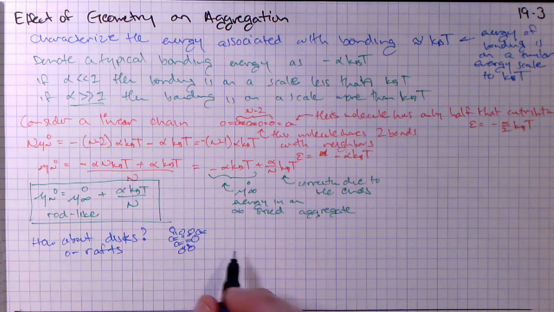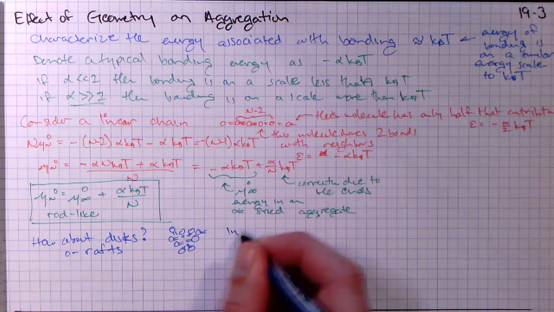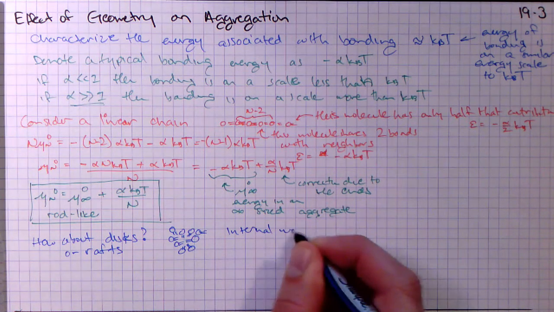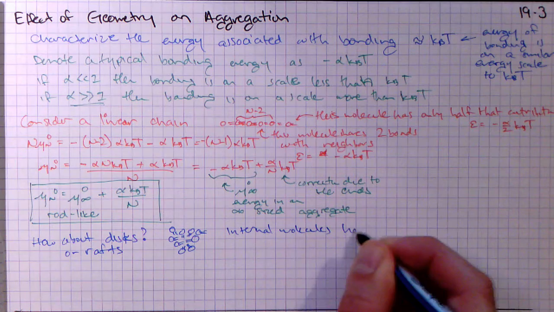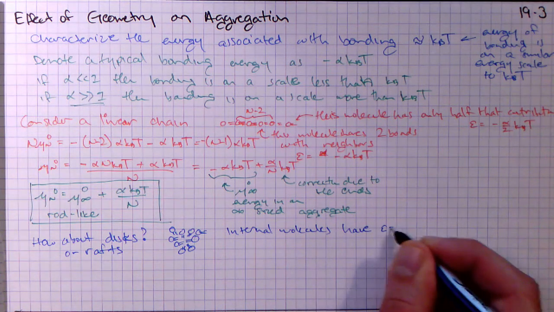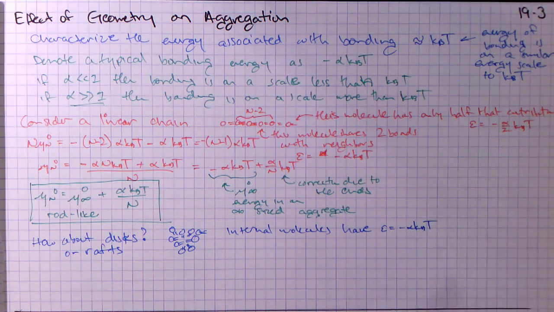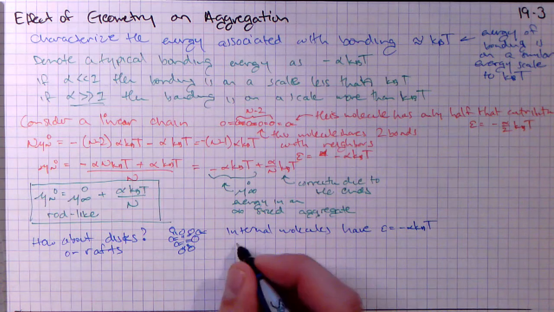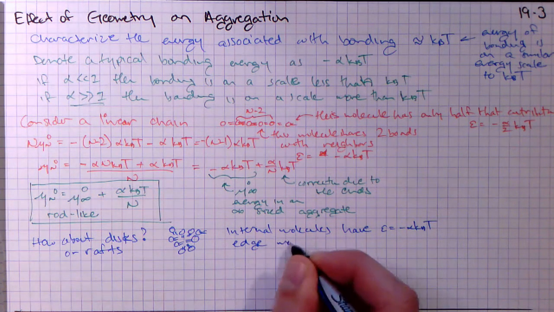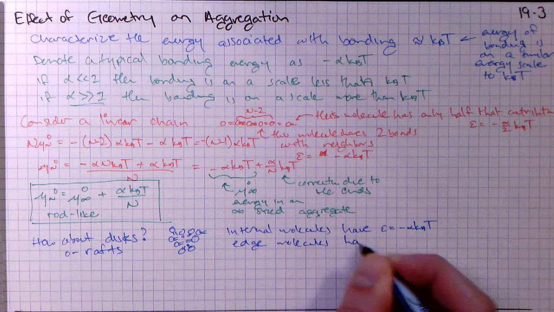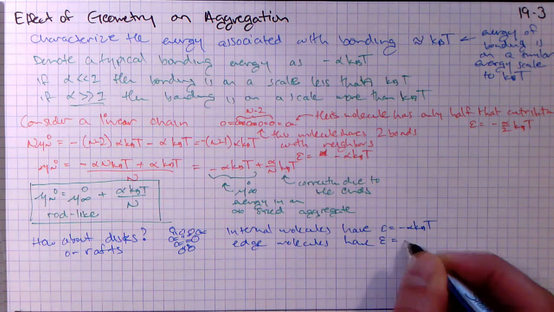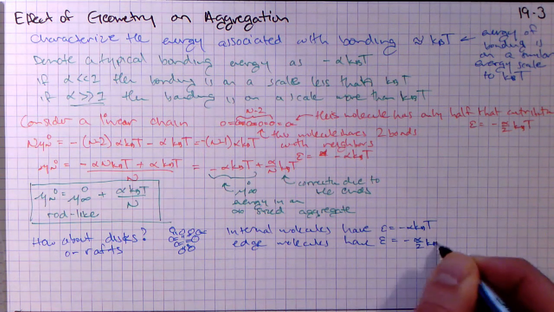Okay, well, in that case, we're creating some kind of two-dimensional structure, like a raft. And we're saying that the internal molecules have energy equal to minus alpha kBT each, but the ones on the edge have half that, minus alpha over 2 kBT.